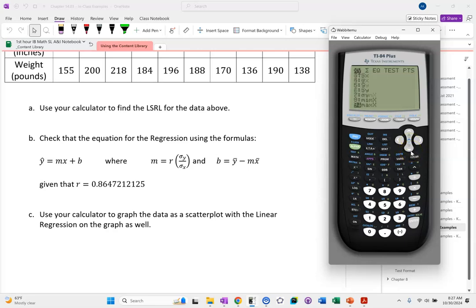And there's R, times my sigma y: vars, statistics, and then command 7, and then I need my sigma x, so vars, statistics, command 4.